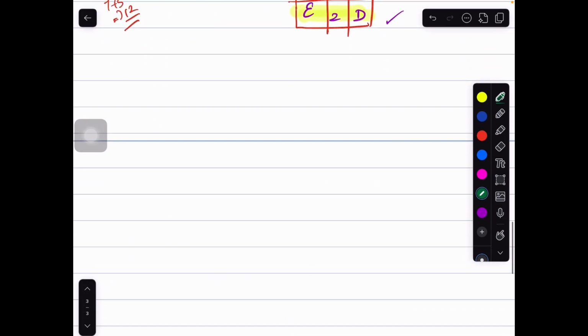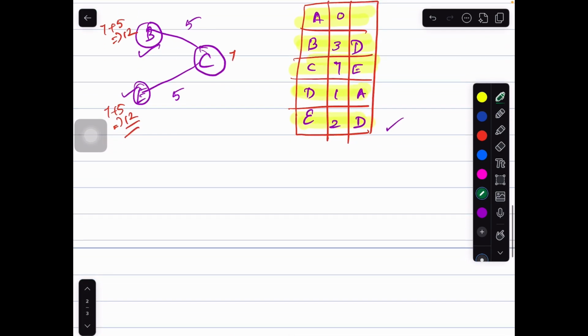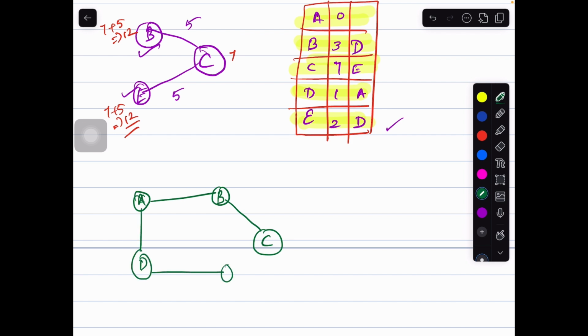It is vertex A to B, now B to C, now A to D, D to E and E to C. This is our given graph. So 6, 2, 1, 1, 2, 5 and 5.